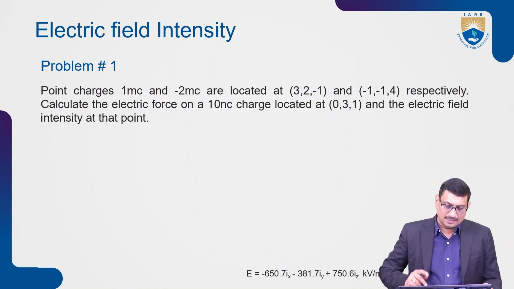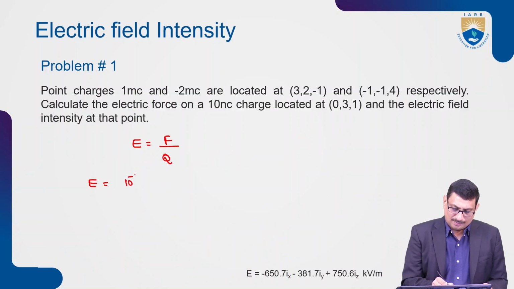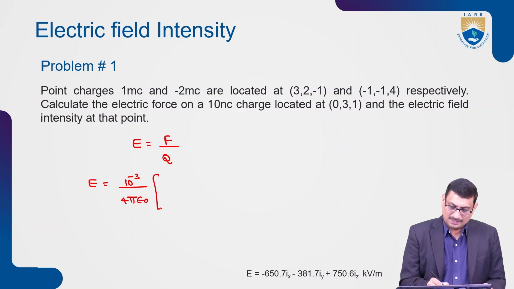So what will we get? 10 power minus 3 divided by 4 pi epsilon naught into the remaining whatever it is there.